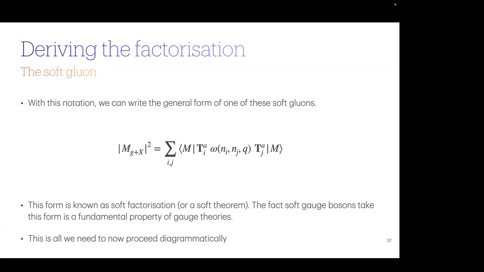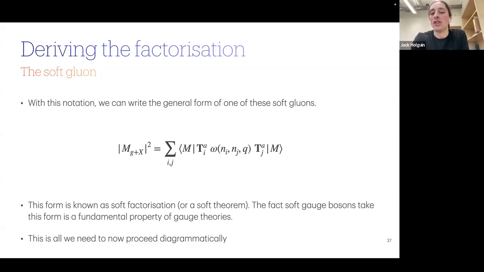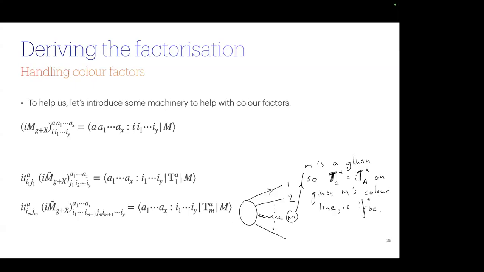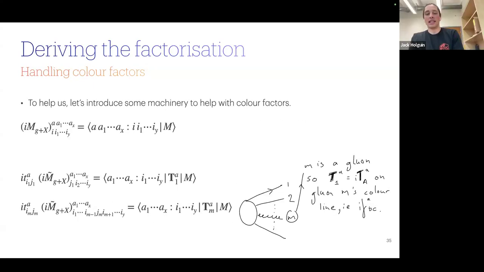Sorry, you have this extra alpha superscript floating around. That's not being summed over as well, right? Alpha. Oh, so A you mean here? Yes, A. A is the adjoint index of the emitted gluon. As you can see here, that's this on all the Gell-Mann matrices.